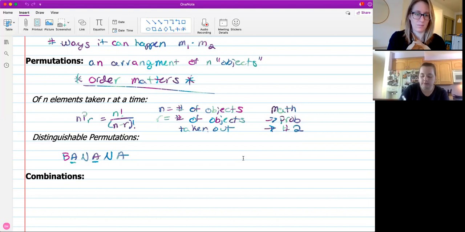But switching that first A and the first B would be a distinguishable permutation. Our formula for this one is n factorial over n1 factorial, n2 factorial, and so on up to nk factorial. Remember, the top here is the total number of things that you have.